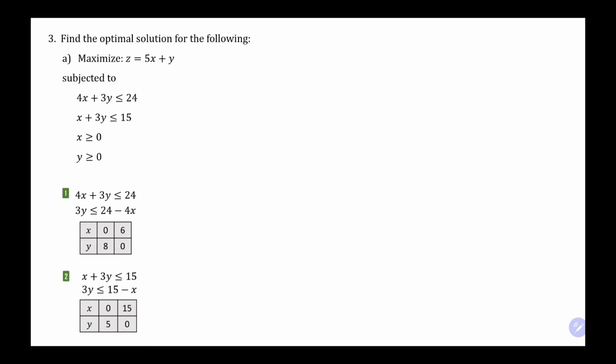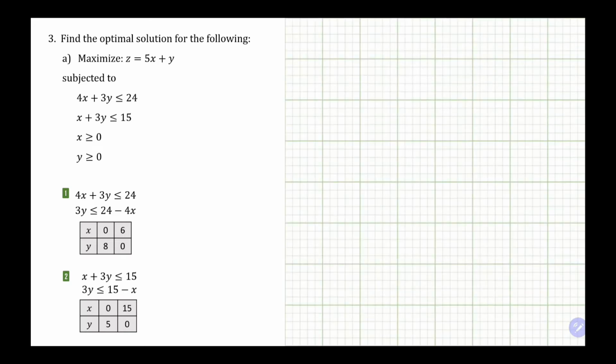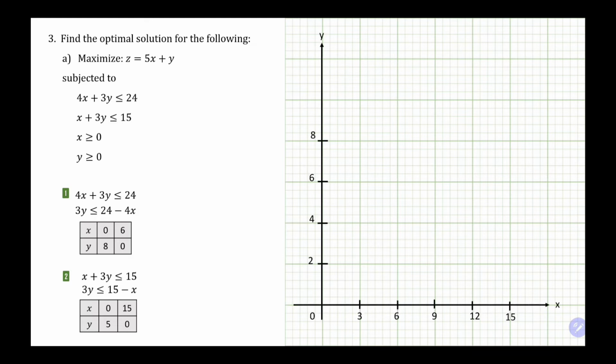Then we take out our graph paper. We put the x and y axes. First line, we have intercepts x 6 and y 8, so 6, 8. Since we use the sign less than or equal, we use a solid line and we label the line 3y equals 24 minus 4x.